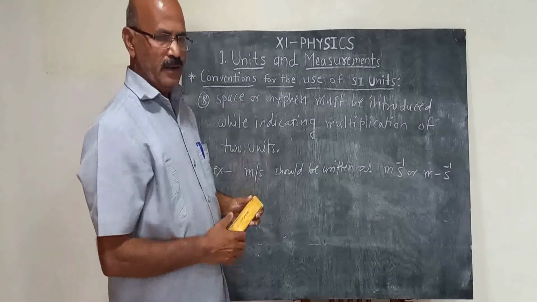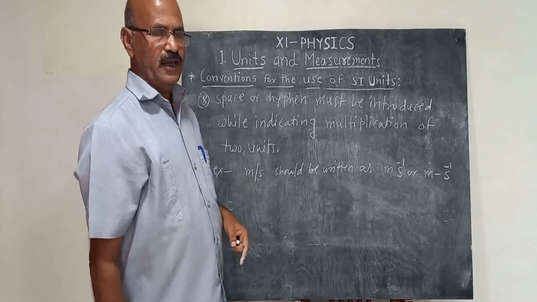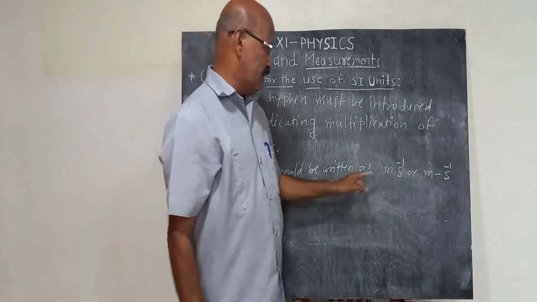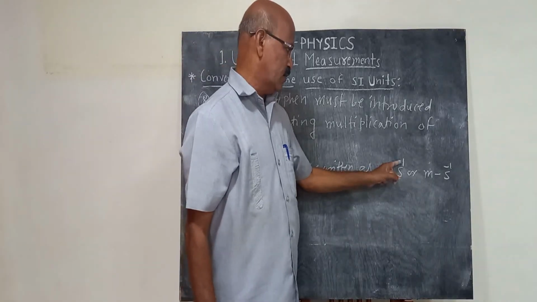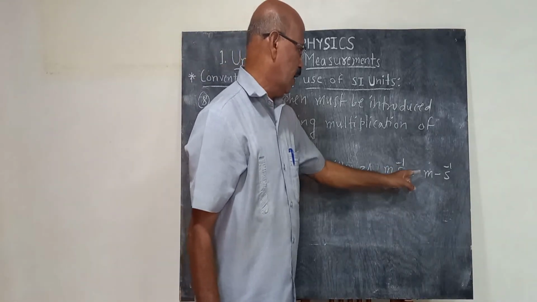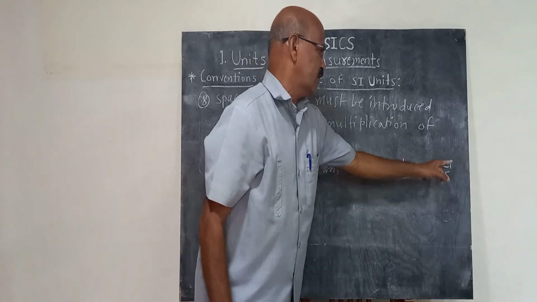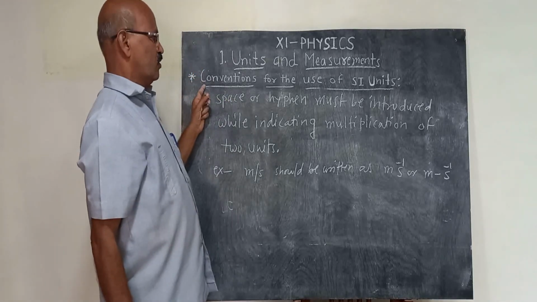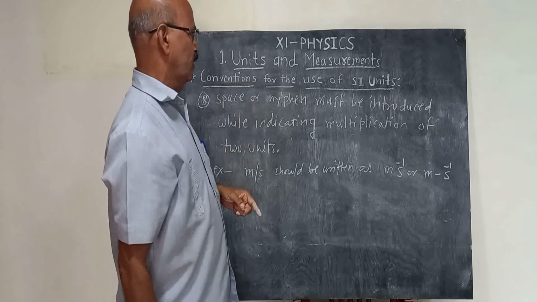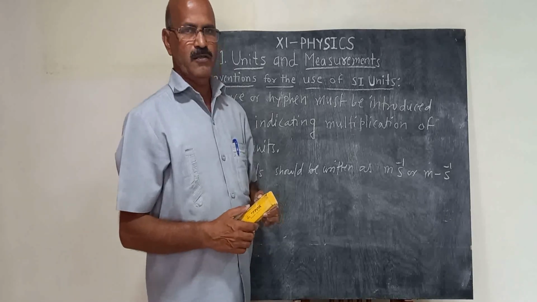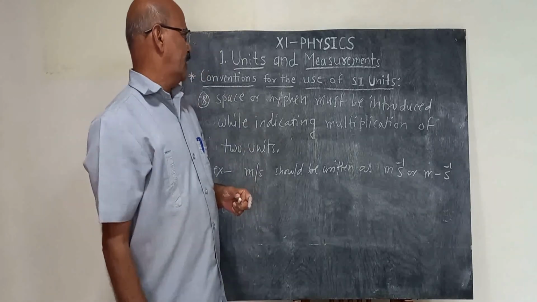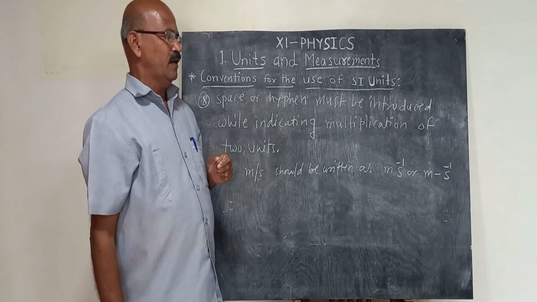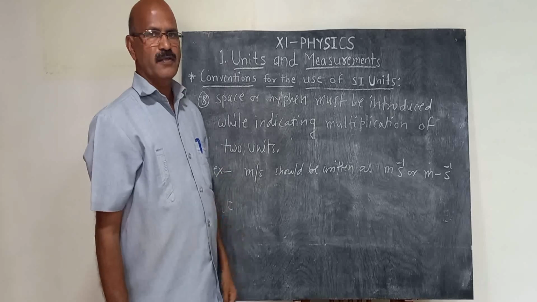For example, the SI unit of velocity, meter per second, should be written as m s raised to minus 1 or m dash s raised to minus 1. So these are the conventions for the use of SI units. Today's homework: state the conventions for the use of SI units.